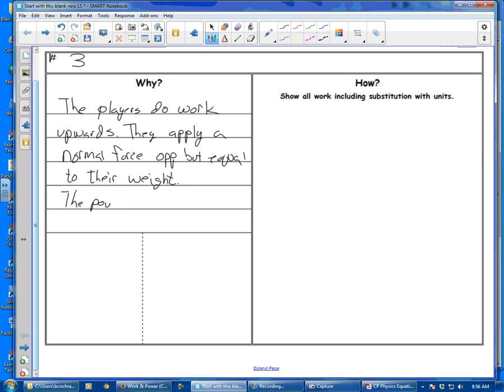The power will be the rate they do this work.